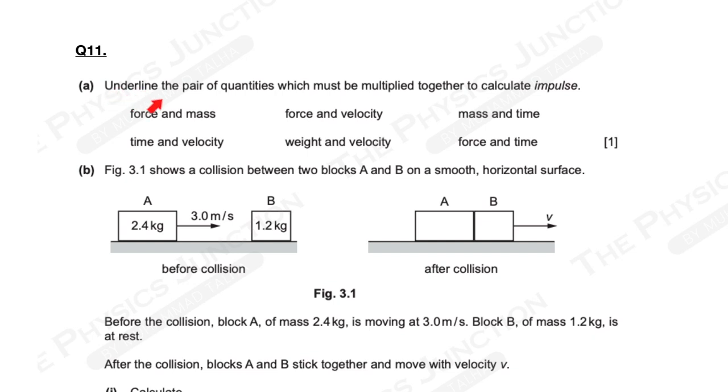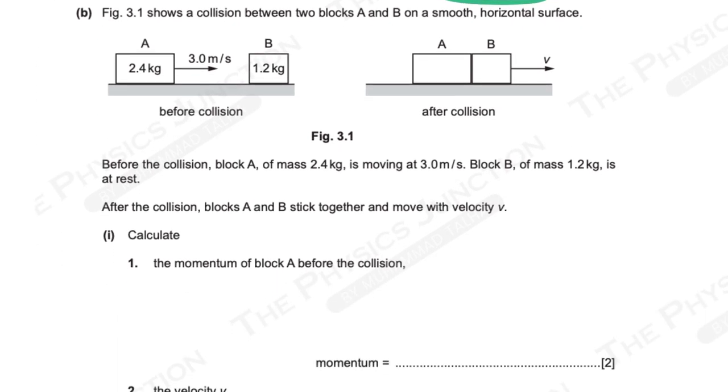So part A, underline the pair of quantities which must be multiplied together to calculate impulse. So we know impulse is this delta P, which is F delta T, so force and time, which is this thing right here. Part B, the figure shows a collision between two blocks A and B on a smooth horizontal surface. Before collision, A of mass 2.4 kg is moving at 3 meters per second.